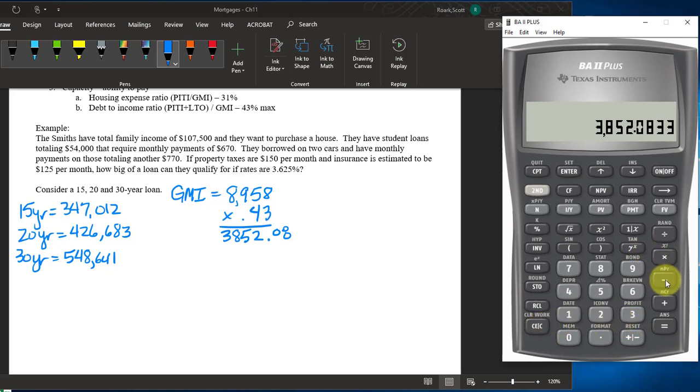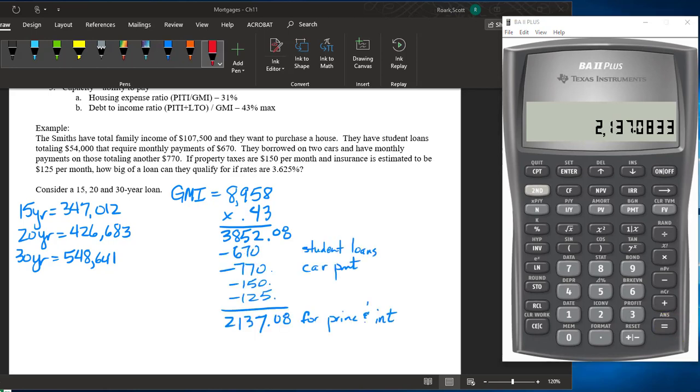If I subtract out the $670 for student loans and take out the $770 for their car payments, I get $2,412.08, but that also includes taxes and insurance. So now I need to take out the $150 and the $125, and we have a new amount of money, $2,137.08, that can go towards their principal and interest, towards the bank loan.